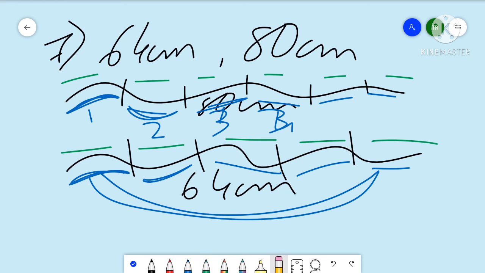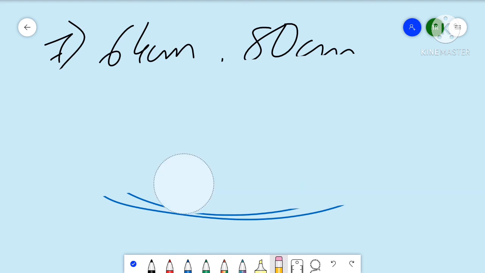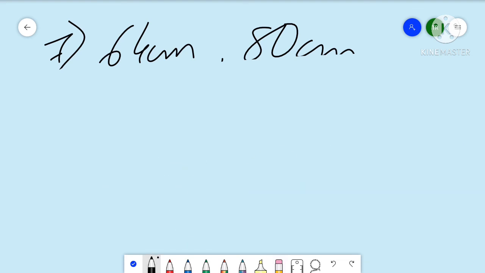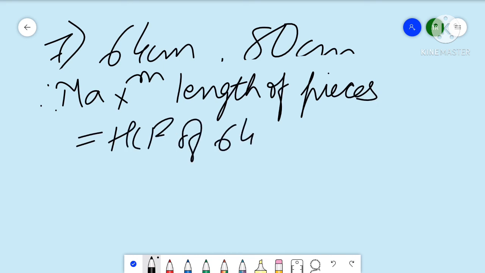So the maximum length of pieces is equal to the HCF of 64 and 80.